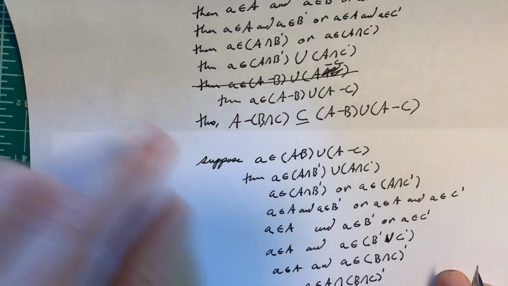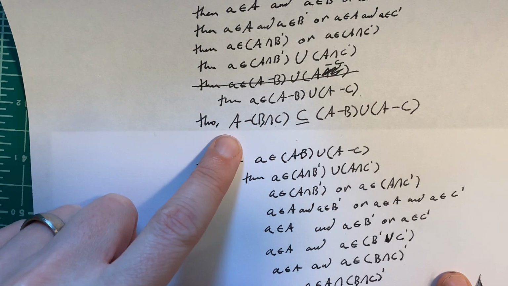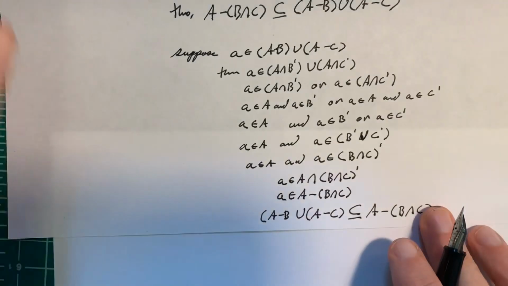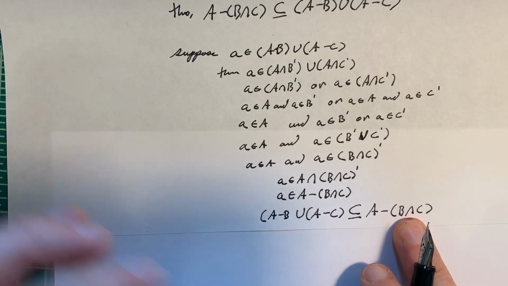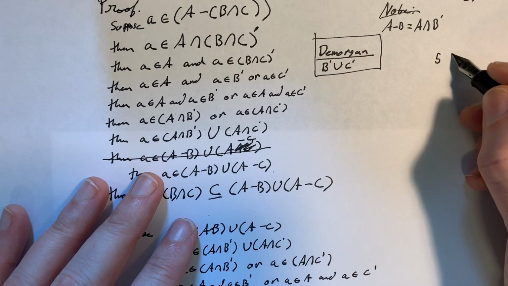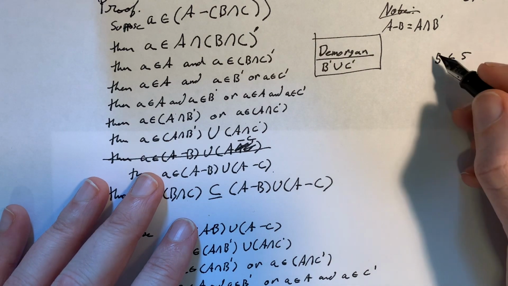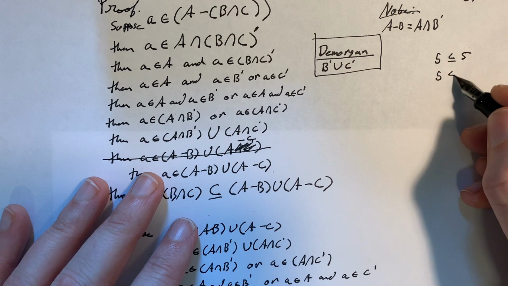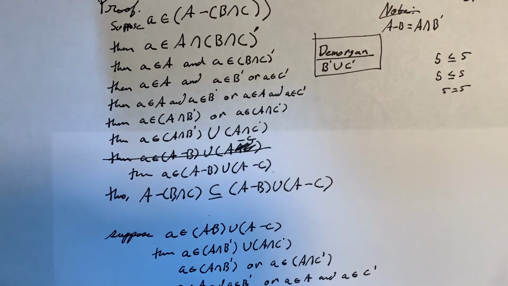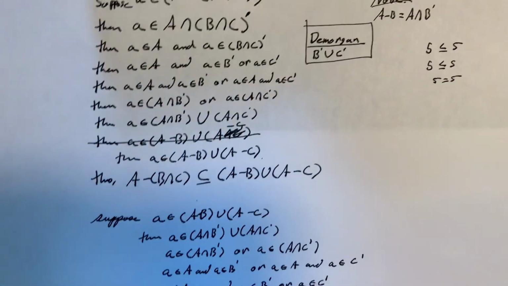All right, well, since the previous step, I showed that this has to be a subset of this, and then I showed it the other way, well, this has to be a subset of this, and you can think about it almost as simple as, well, if 5 is less than or equal to 5, and then you switched it around, 5 is less than or equal to 5, well, then that's 5 equals 5, right? That's a silly example, but it's true with sets too, right?